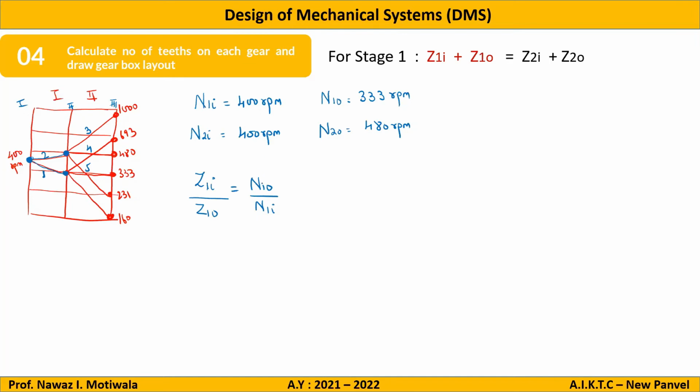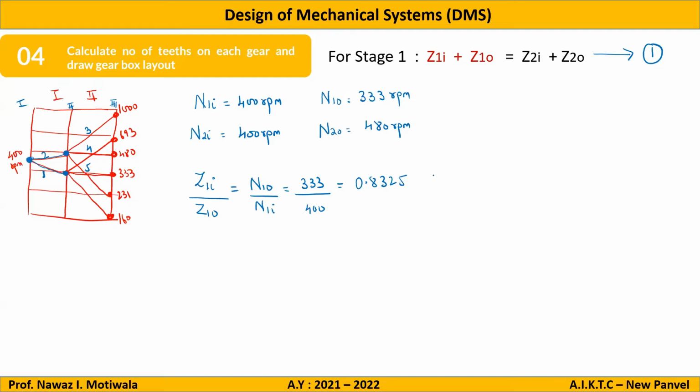Now N1O and N1I we already have. So N1O कितना है? 333 divided by N1I, 400. So 333 upon 400 will give you 0.8325.